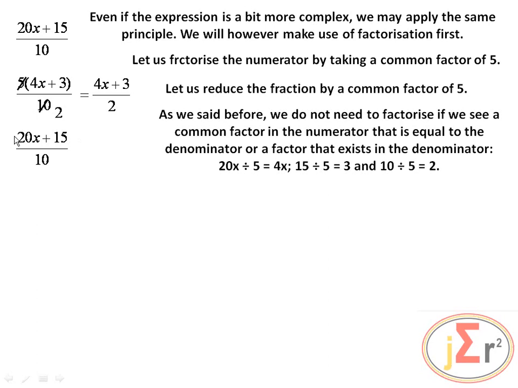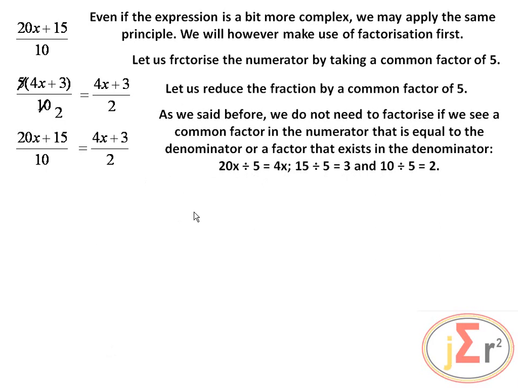The numerator has a common factor of 5 and the denominator has a factor of 5 also. So we may say 20x divided by 5 is 4x, 15 divided by 5 is 3, 10 divided by 5 is 2, and then we have what? 4x plus 3 over 2 again.